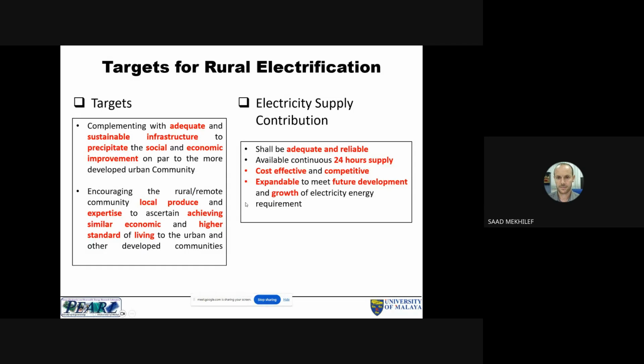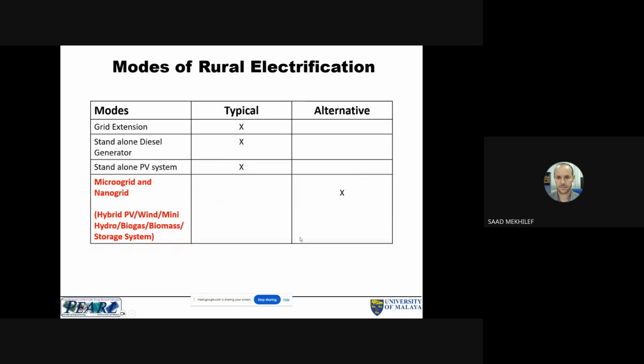For example, for some farmers, it shall be adequate and reliable, available to operate on a 24-hour basis supply. It must be cost effective and competitive. It should be expandable or modular for future developments.